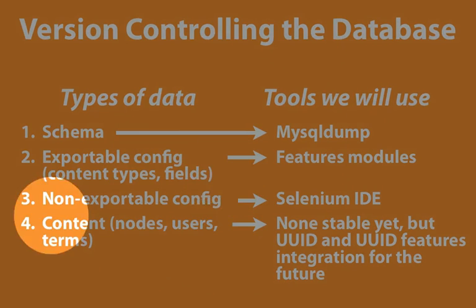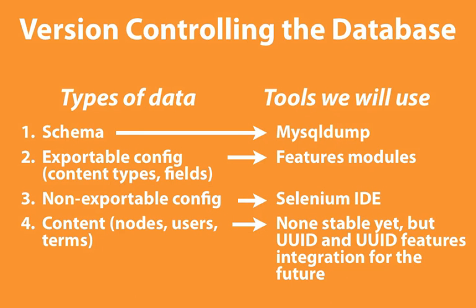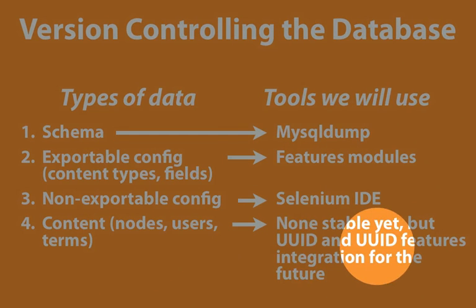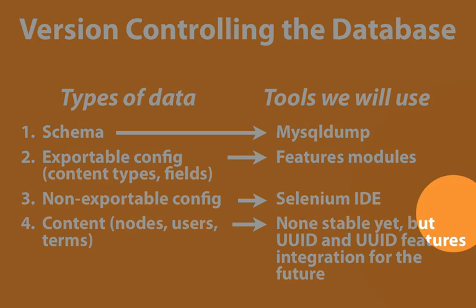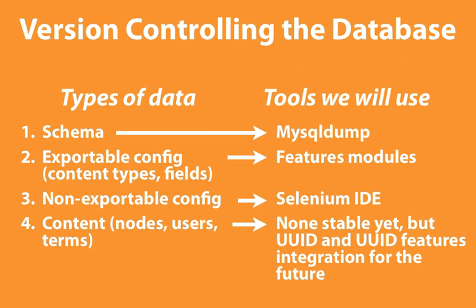And finally, for content, right now there's not a stable solution, but in the future, the UUID and UUID Features integration modules are going to give you the ability to export specific users, specific nodes, and specific terms, among other content on the site, into code, just like you can any type of configuration. For now though, what you can do is use Selenium IDE for any of those components that you need to port from one site to another.